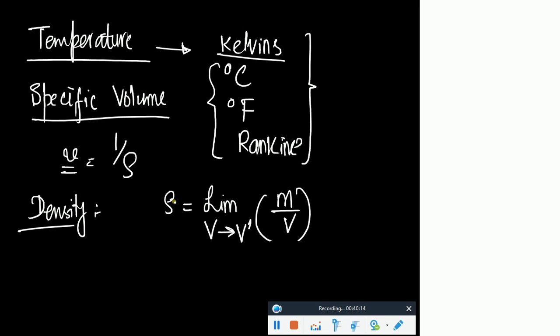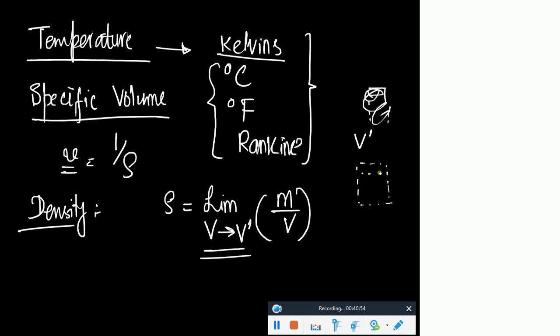You can't look at one molecule and say this is the density, this is the pressure. So what you do is you mark a very small volume, which is represented as V bar, and although it is small, you can also say that it's kind of a point. If you look at it overall, it looks like a point. That's what the limit describes.